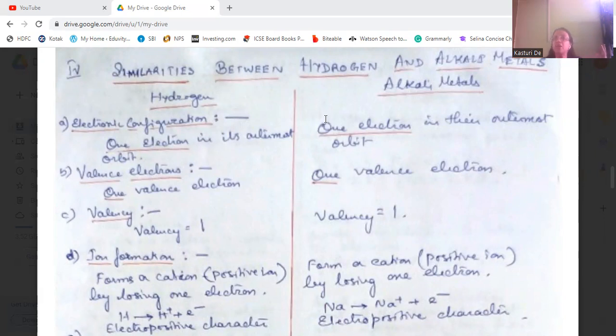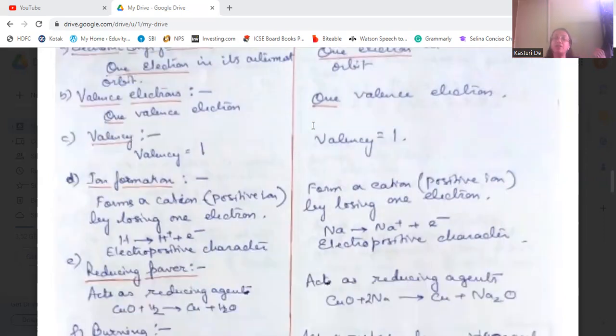Valence electron: it has 1, and the alkali metals also have 1 valence electron. Ion formation: valency is 1 for both. Both form cations, that is positive ions, by losing 1 electron. That's why they are said to have electropositive character.